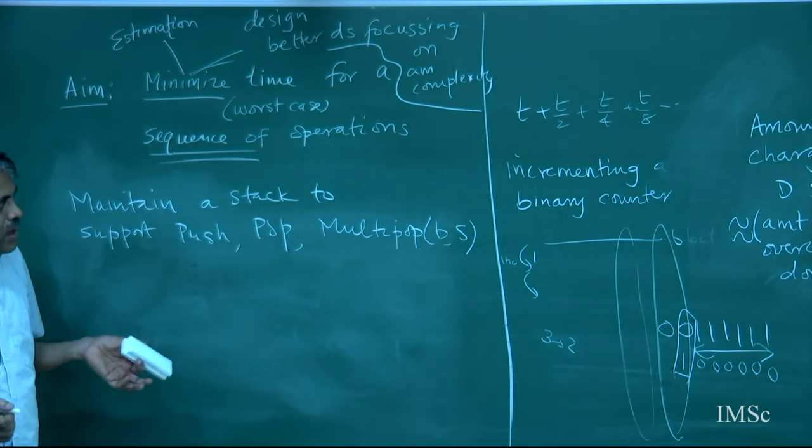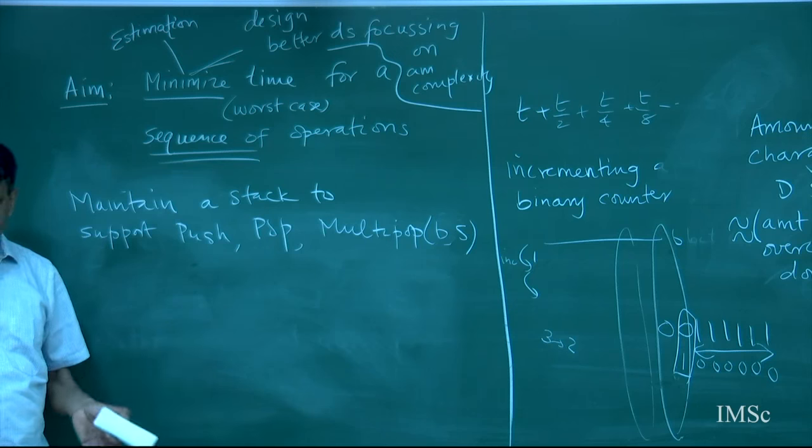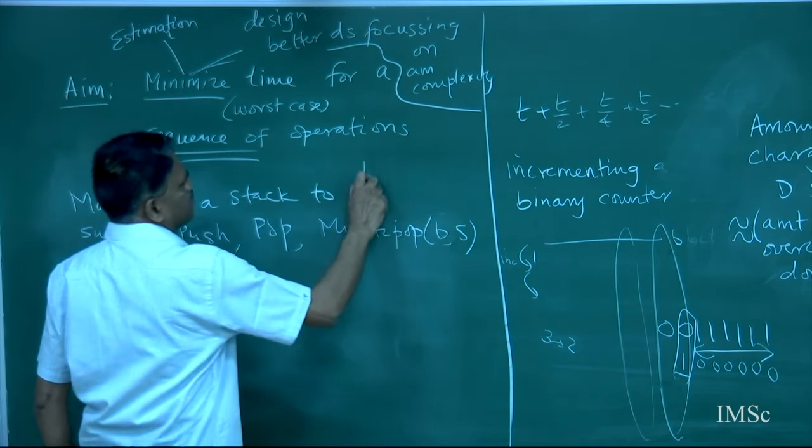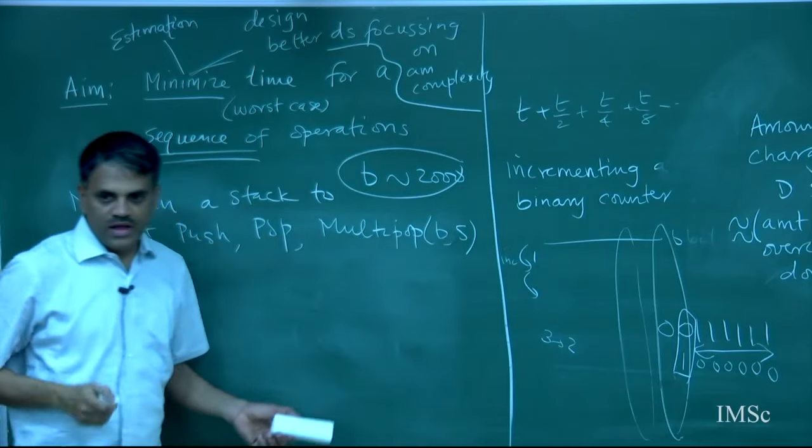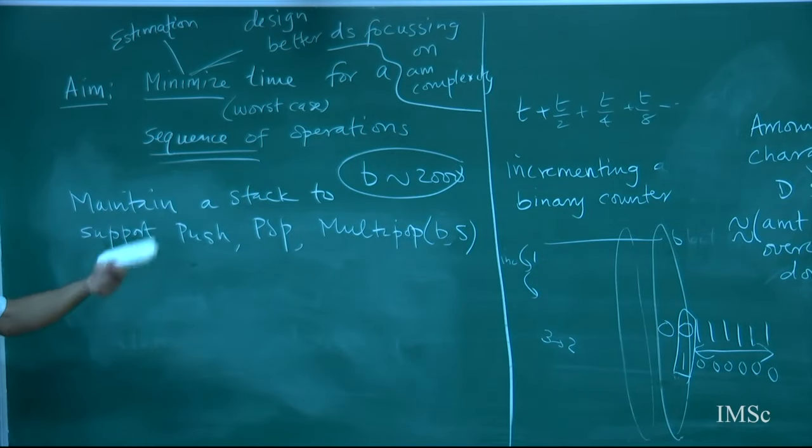B is some constant, some large number, whatever. But what if the stack does not even have B elements? Then you pop whatever number of elements are in the stack.